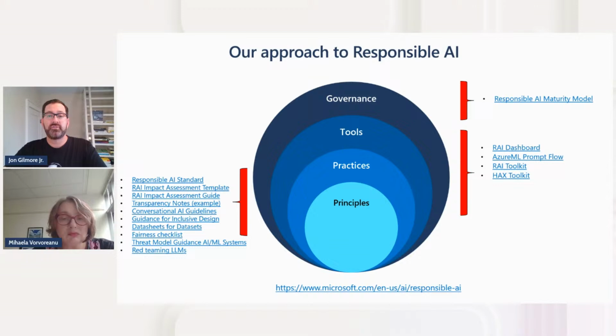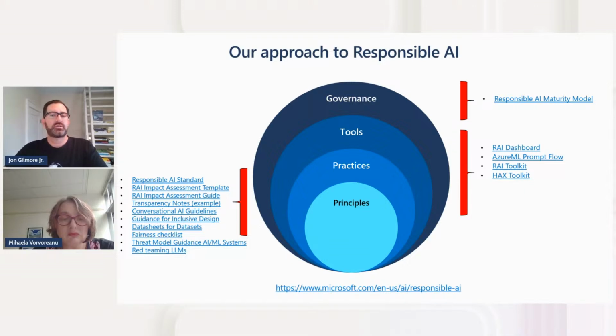Is the model overfitting or underfitting for a cohort of the data? For a deep dive into model evaluation, we have the Responsible AI Dashboard that integrates open source libraries into a single dashboard so you can do model performance and fairness assessment, data exploration, and error analysis.